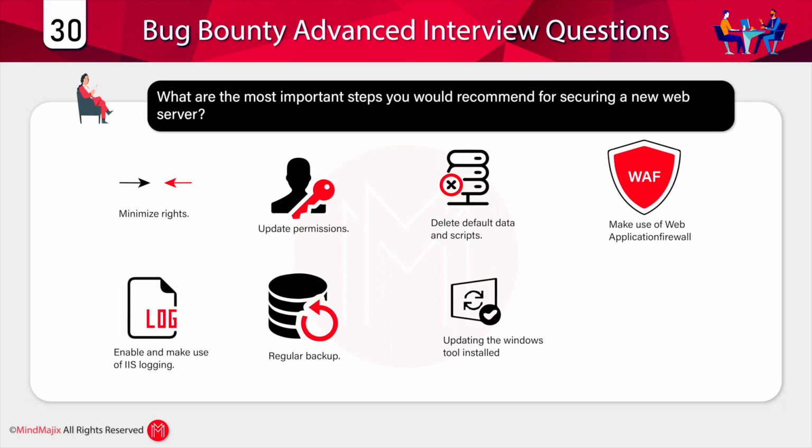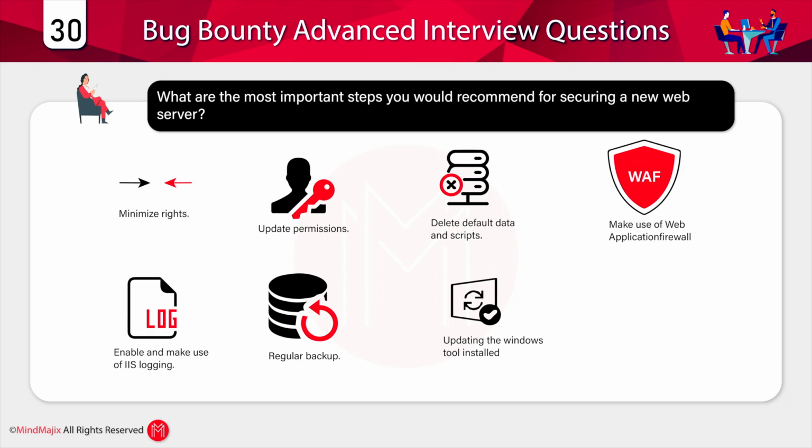You have to enable IIS logging so that we can get log files of that server: whoever logged in, what changes they have done, if they have installed any new application, everything will be recorded in the log files so that we can use it in future if something goes wrong.